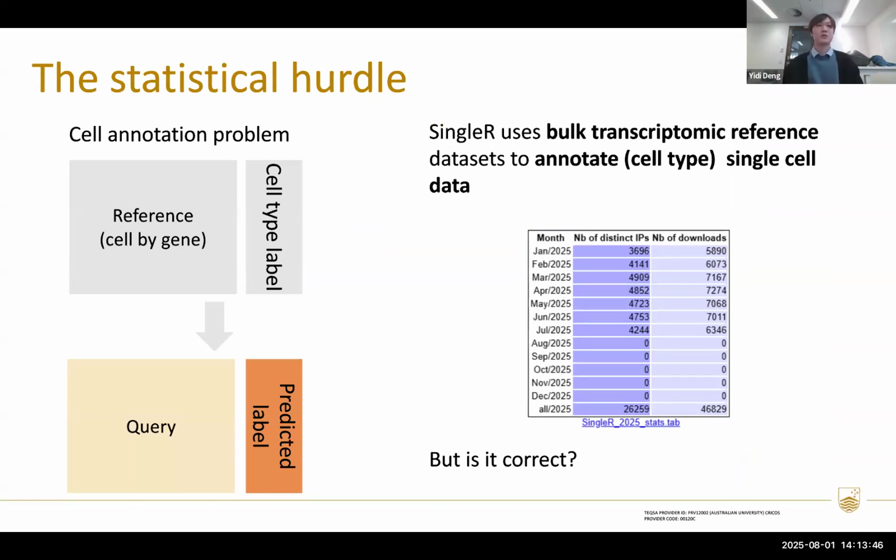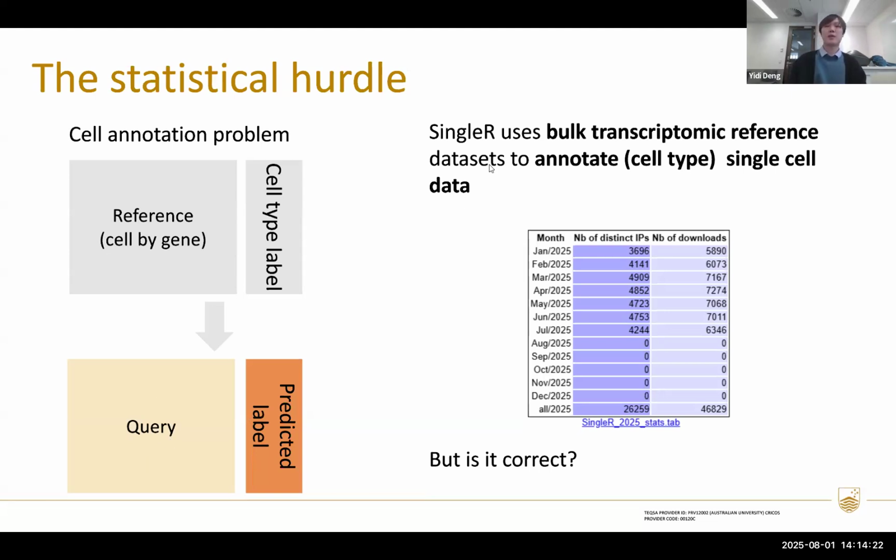To illustrate the statistical hurdle behind single cell data analysis, I want to use this example of cell type annotation. A cell type annotation problem can be considered as a classification problem, where you have reference data with known cell type labels, and then we use this reference data to predict the cell type or cell state labels of the query data.